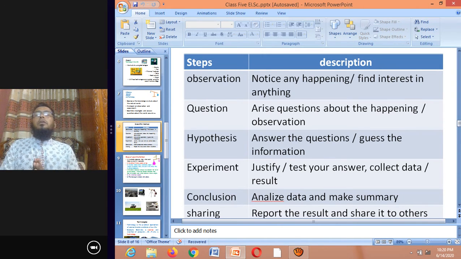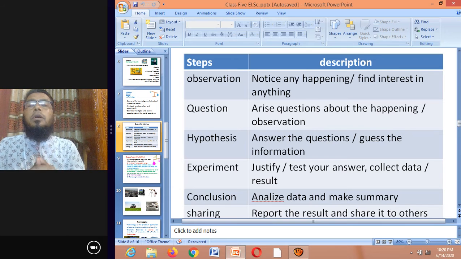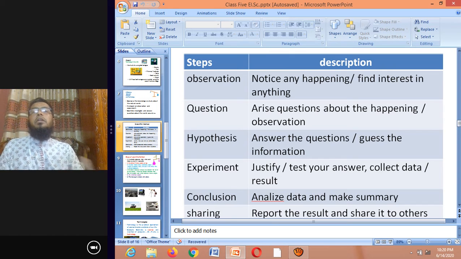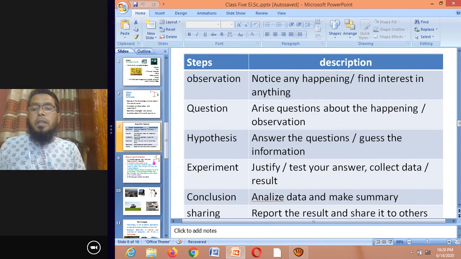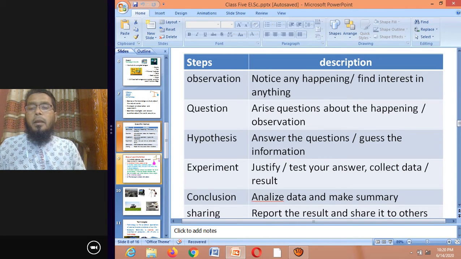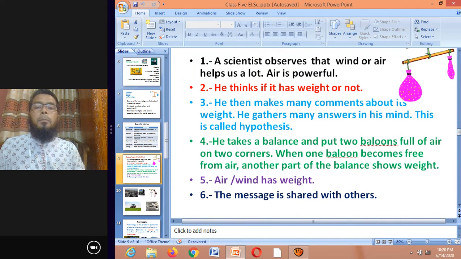This is conclusion. And when you come to the conclusion, report your results and share them with other people. These are the scientific method, that means the steps of the scientific method. So we will have to know every step of the scientific method, and this will help.